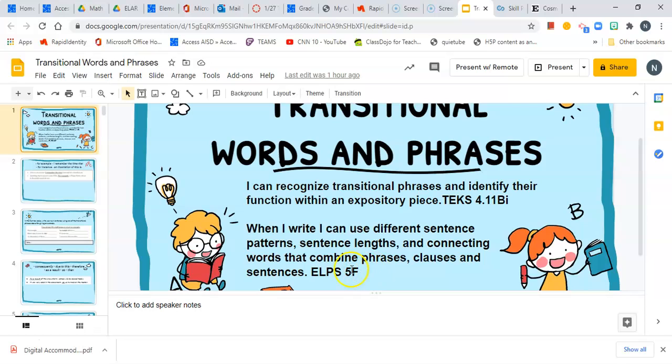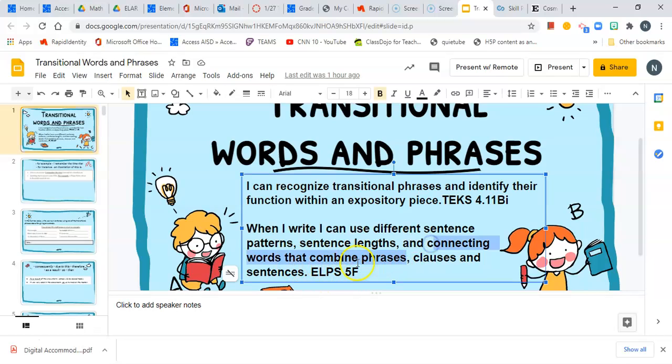ELPS 5F. So this is the part that we're focusing on. We're using connecting words that combine phrases, clauses, and sentences. And those are called transitional words and phrases.